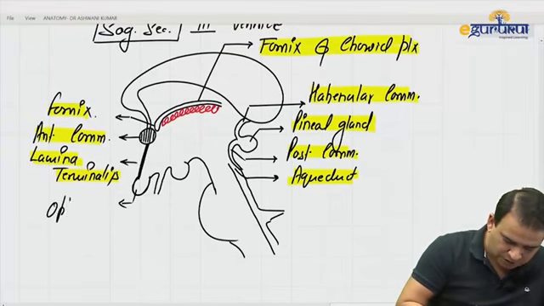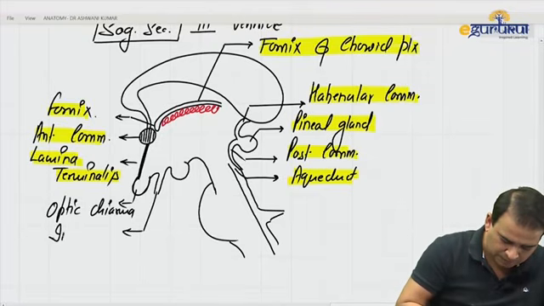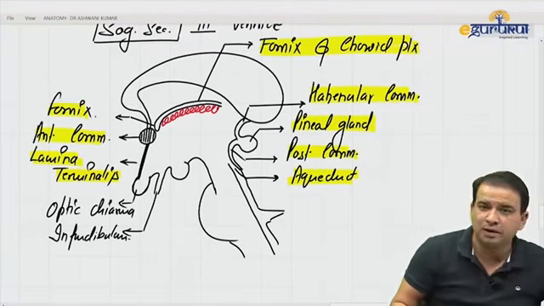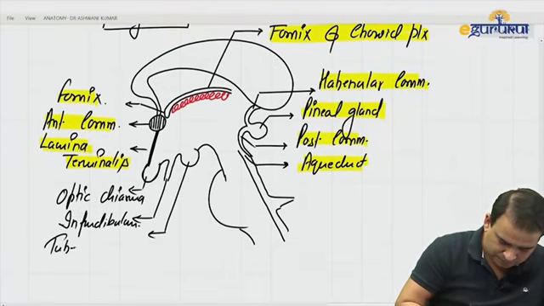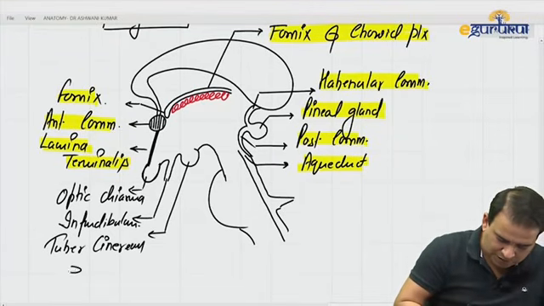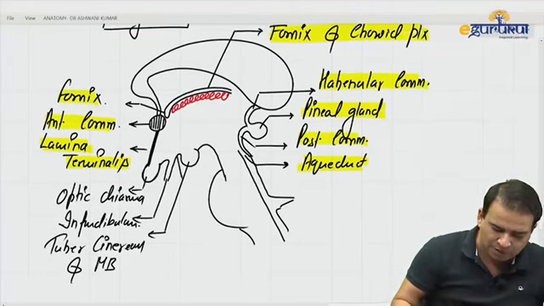So we have this optic chiasma, infundibulum, tuber cinereum and mammillary bodies. I'm writing them together. That is tuber cinereum and mammillary bodies.